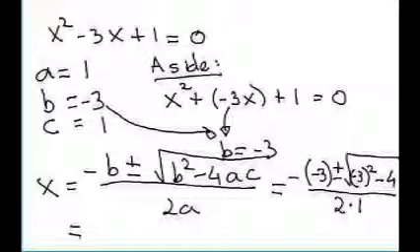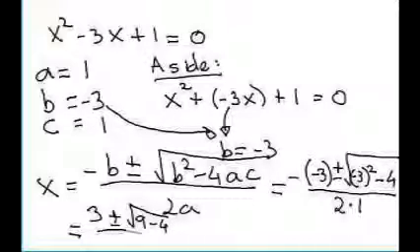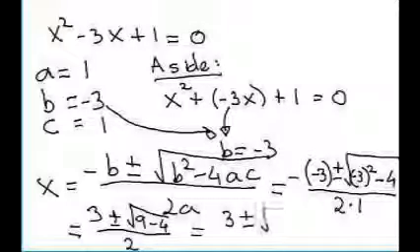Okay, so now as I simplify this expression, minus -3 is going to be 3, plus or minus the square root of, and here I have -3 quantity squared, so that becomes a 9, minus the 4, divided all by 2. So overall, I end up with a number that's not very pretty: 3 plus or minus the square root of 5, divided by 2.